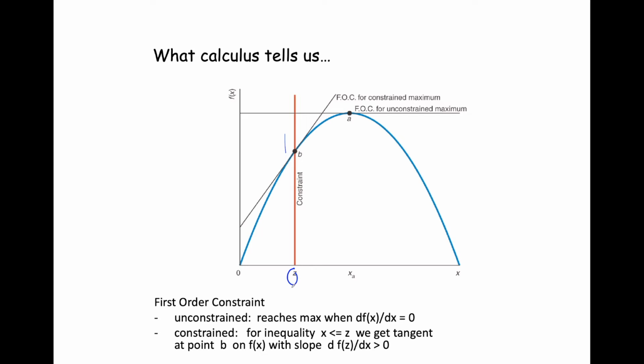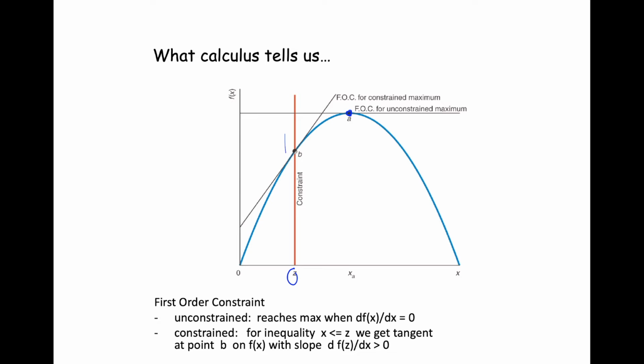Now, of course, if we look at our unconstrained solution, we're finding some x where the blue curve finds maximum, that's going to be this point A on the blue curve. But if we include that inequality constraint, our first order constrained maximum is now this point B, because we want to make sure that that x that finds the maximum point for that function, x cannot be greater than z.